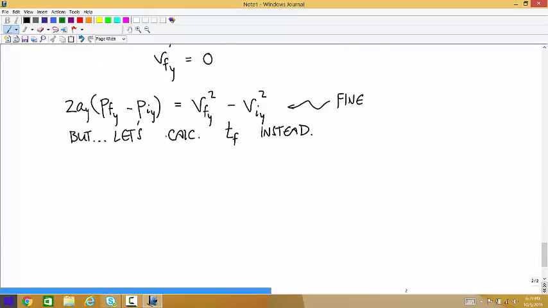Okay, so to calculate TF, let's use VF. This has the benefit, too, of letting us use the really easy equation. So VFY is equal to VIY plus AYTF.